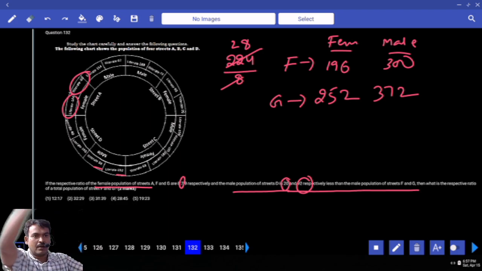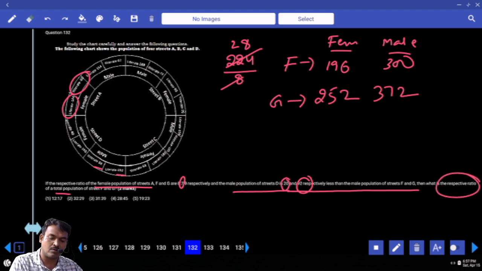D compared to F 20 less. Already D value 280, 20 less means F value 300, and D value 92 less than the which one? G value. 92 less means 280 plus 92. How much? 372. What is the question here?